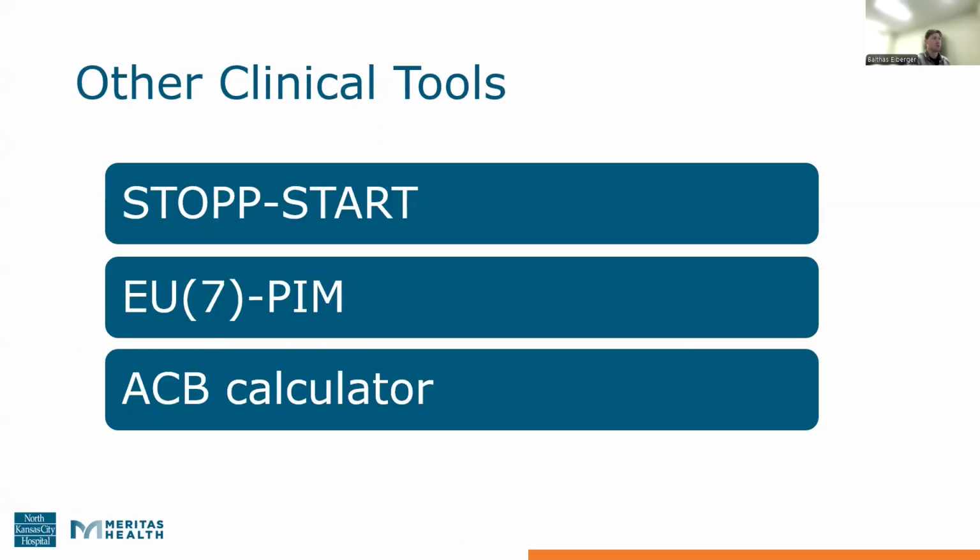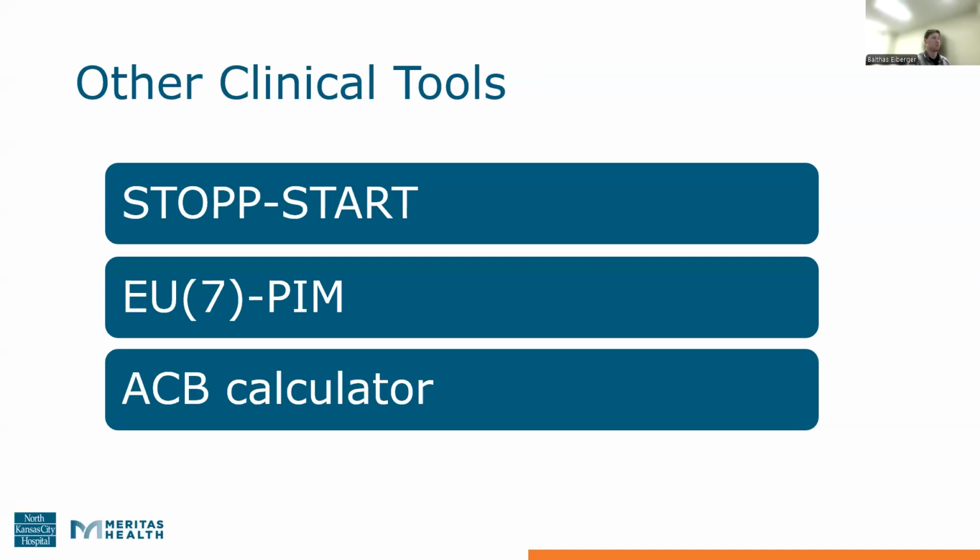There are other clinical tools available, not as commonly used as the Beers criteria, but I wanted to at least mention them in case you run across them. The STOPP/START criteria is another list of medications geared towards patients over the age of 65, trying to prevent adverse outcomes.